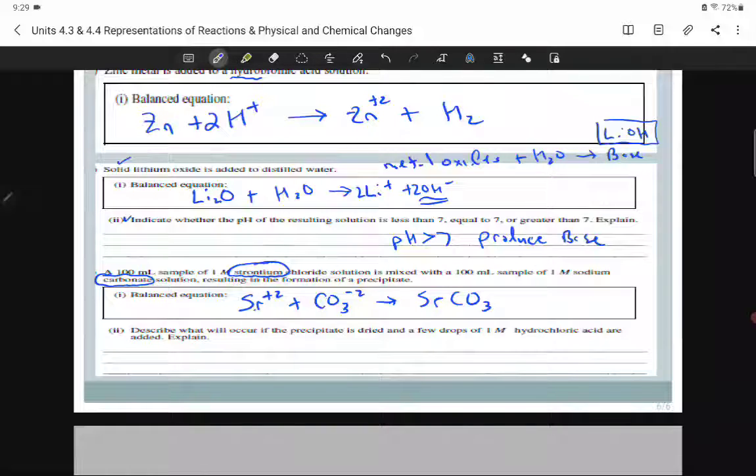Describe what will occur if the precipitate is dried and a few drops of hydrochloric acid were added. So you could describe this with words. I'm going to use a few words, but I'm going to actually use another chemical reaction. So the hydrochloric acid, and by the way, it doesn't say that you have to write a chemical reaction. It certainly doesn't say a net ionic, but I'm going to write mine net ionically.